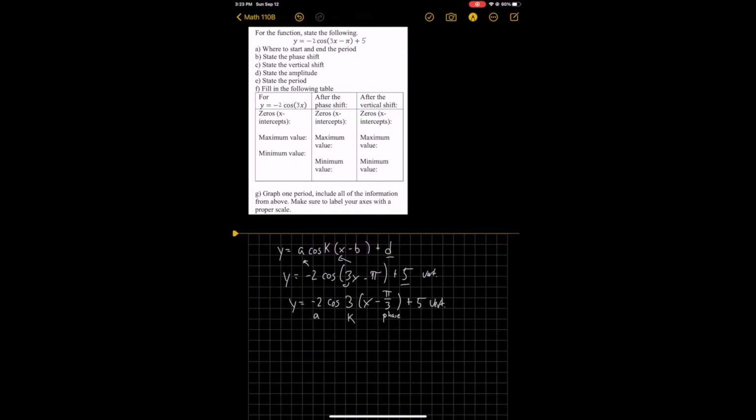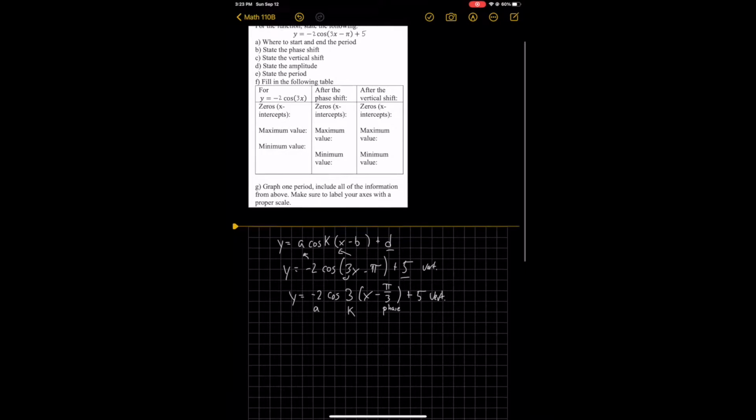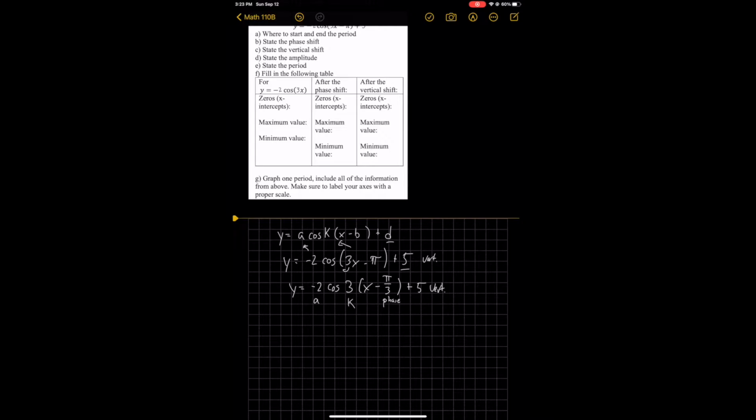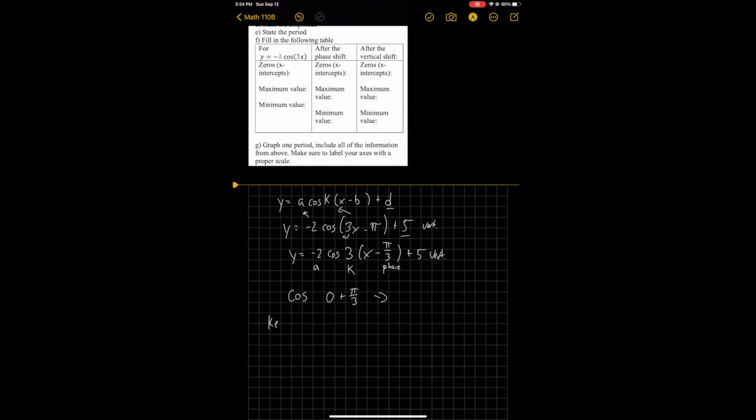Okay, so where do we start and end the period? Typically cosine starts at 0, but we're adding the pi over 3. So it's going to be pi over 3 to the right. So the first key point that we have is going to be pi over 3, comma, and then we look at the a, which is -2, and so it's going to be -2.